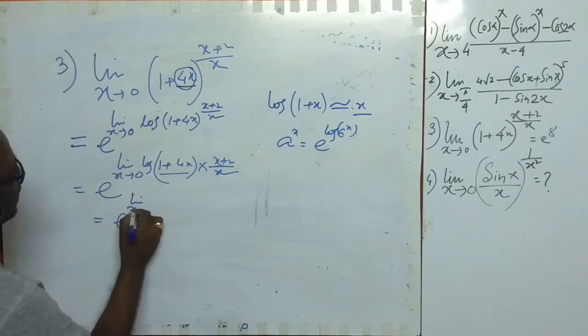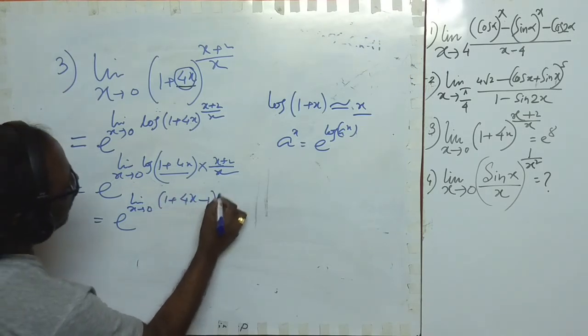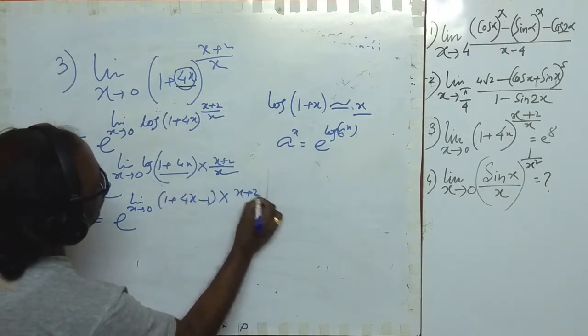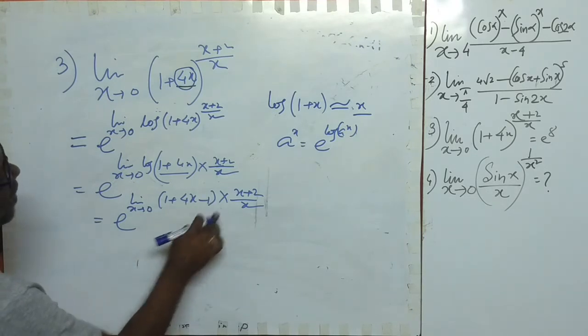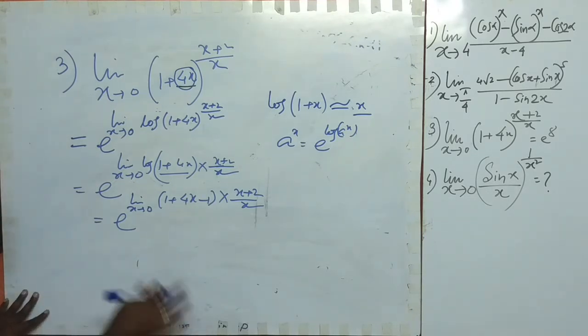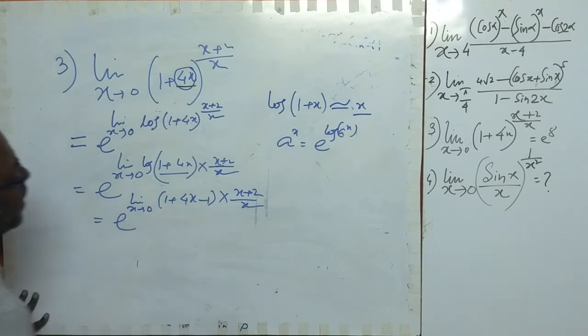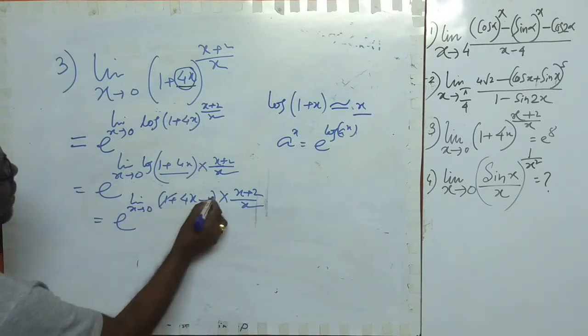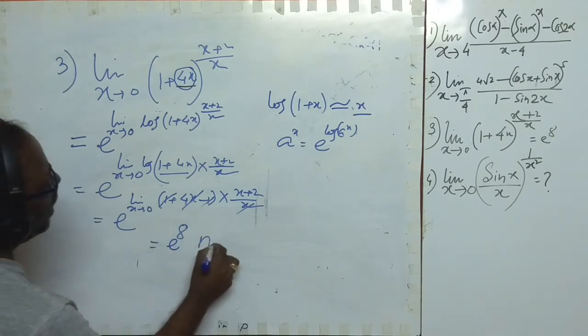Actually the procedure here is (1 plus 4x minus 1) into (x plus 2) by x. We can write it simply as 4x. Why do we write 1 plus 4x minus 1? See here, the 1 is cancelled out, and also x is cancelled out here, so e to the power 8 is the answer.